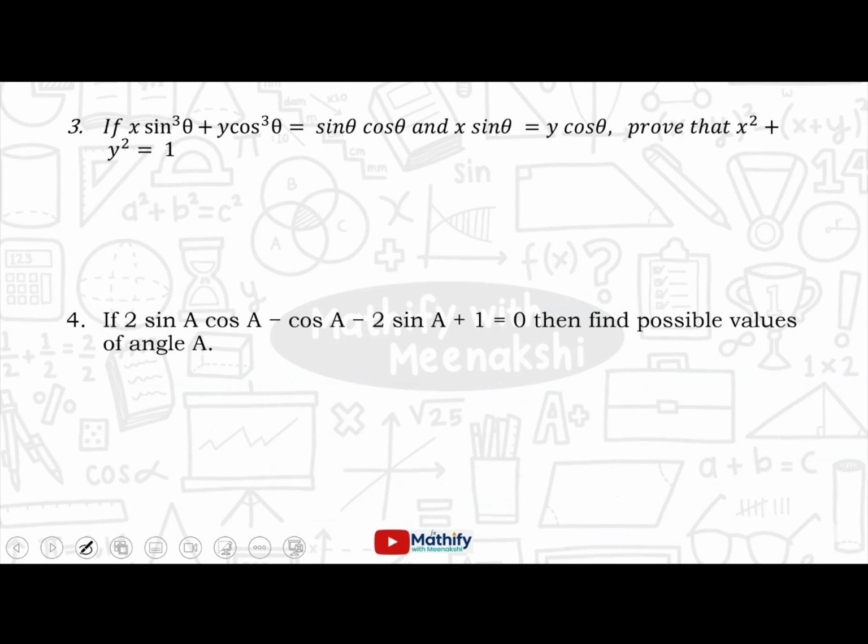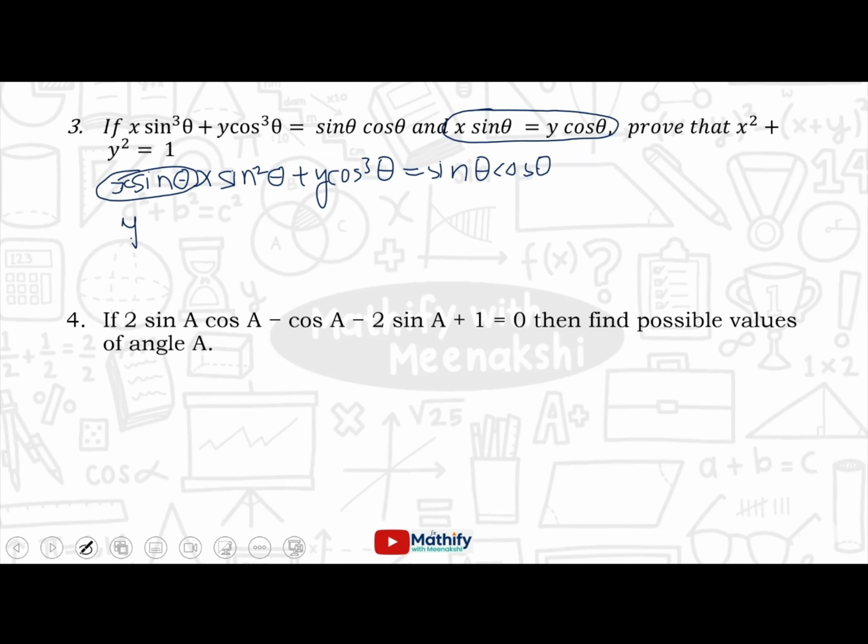In the third question, it's given that x sine theta is equal to y cos theta. So what we'll do here, just break this into x sine square theta plus y cos cube theta is equal to sine theta cos theta. Now, first I'm putting my x sine theta as y cos theta.